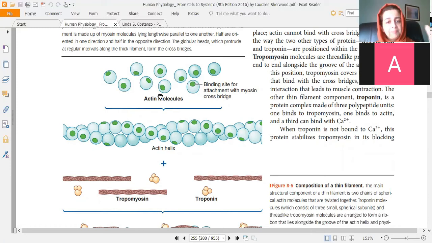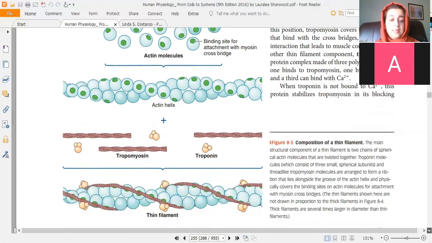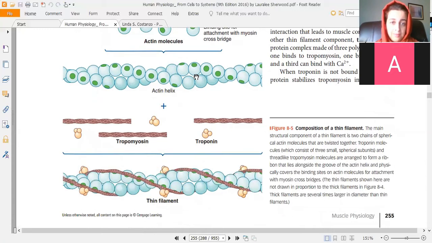These will align like beads in a necklace and form one string, and then 2 strings will twist around each other, and a helix-like structure is formed, and this is called the actin helix. This actin helix will have along each of its turns a tropomyosin-troponin complex.